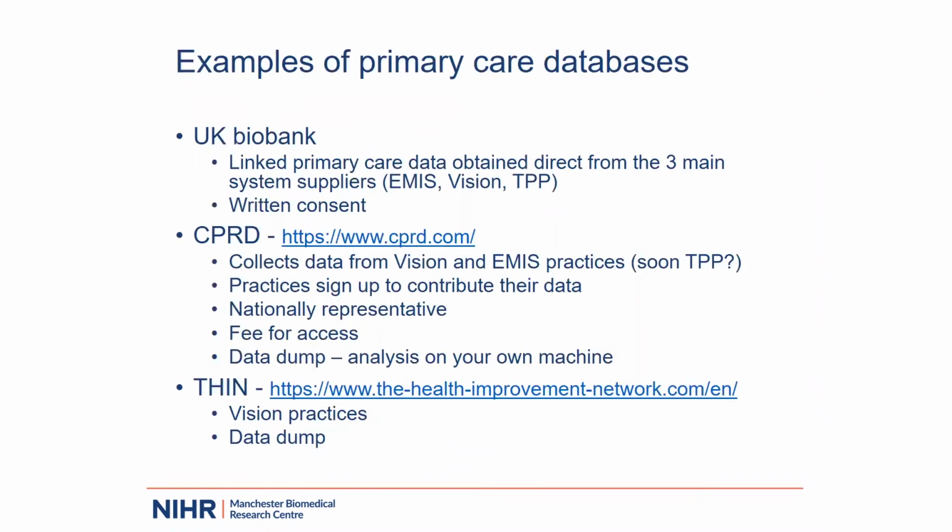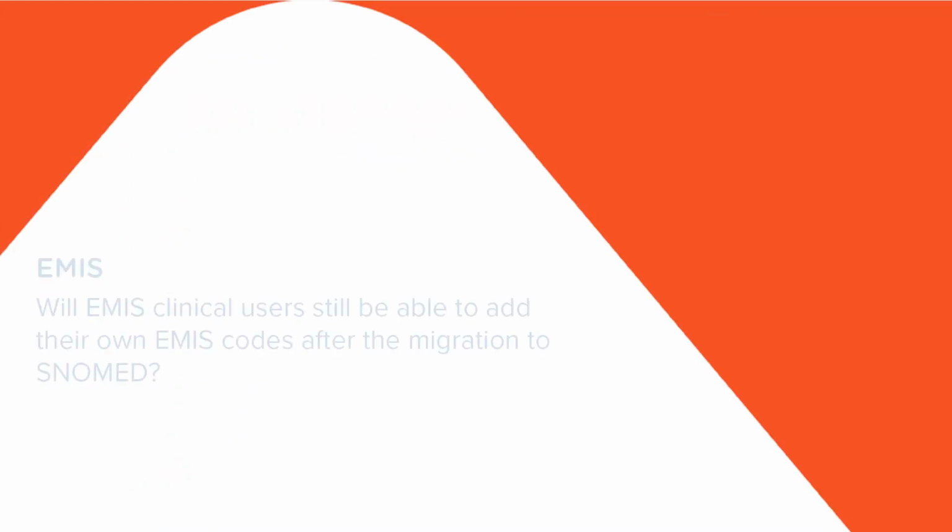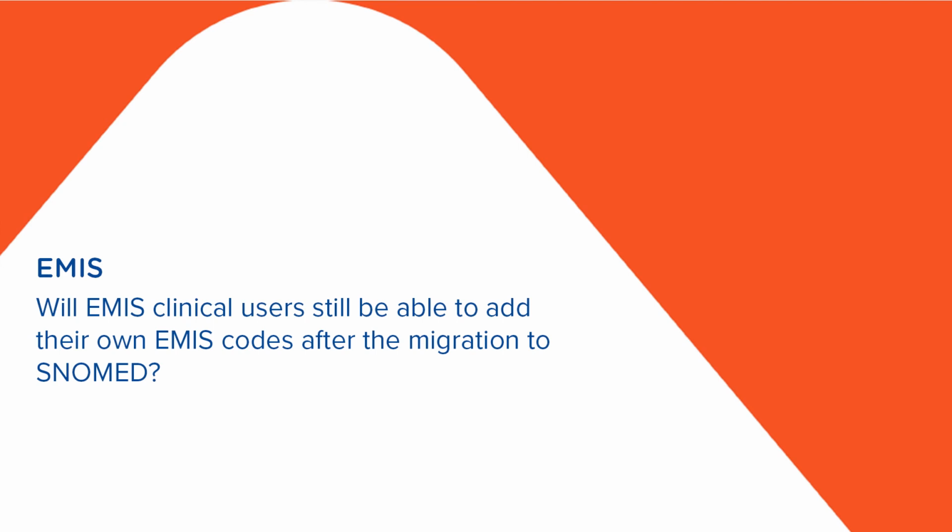There was an earlier question though, saying, will EMIS clinical users still be able to add their own EMIS codes after the migration to Snomed? That's a good question. Just to be clear, it's not the users of the system who add them, it is EMIS as a company.